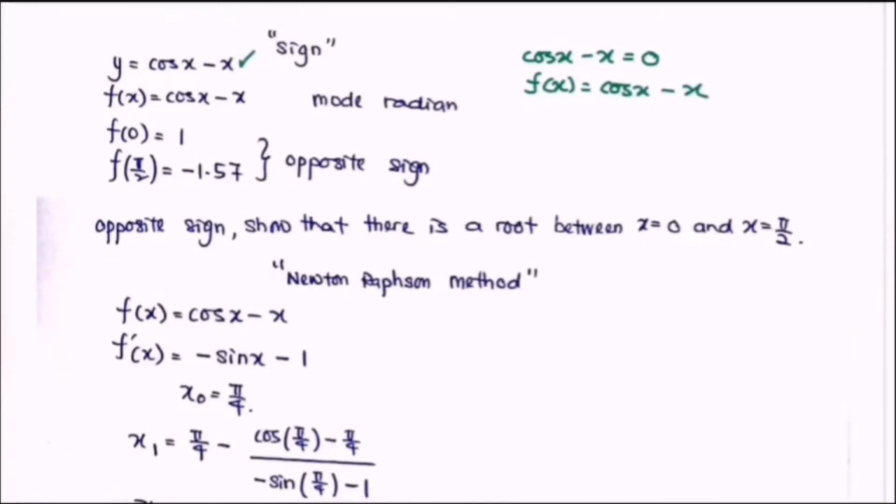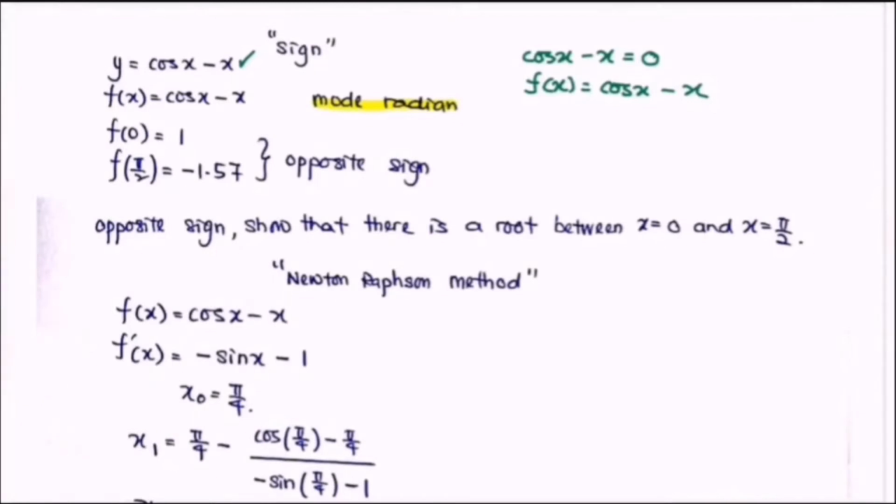So for the method searching for sign change, meaning that we have to substitute the value for the x. So let's say, before we substitute, do remember must set the mode in the calculator radian, because it deals with the trigo function. Do remember must set in the mode radian whenever we deal with the function in trigo.